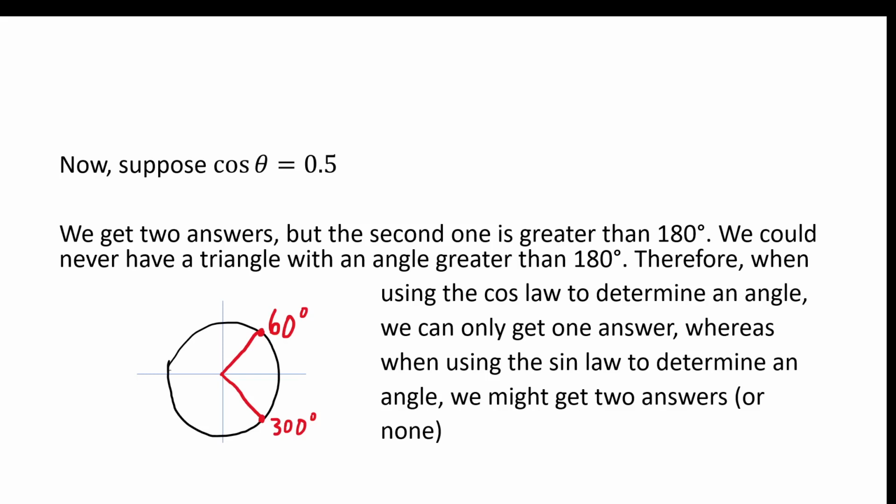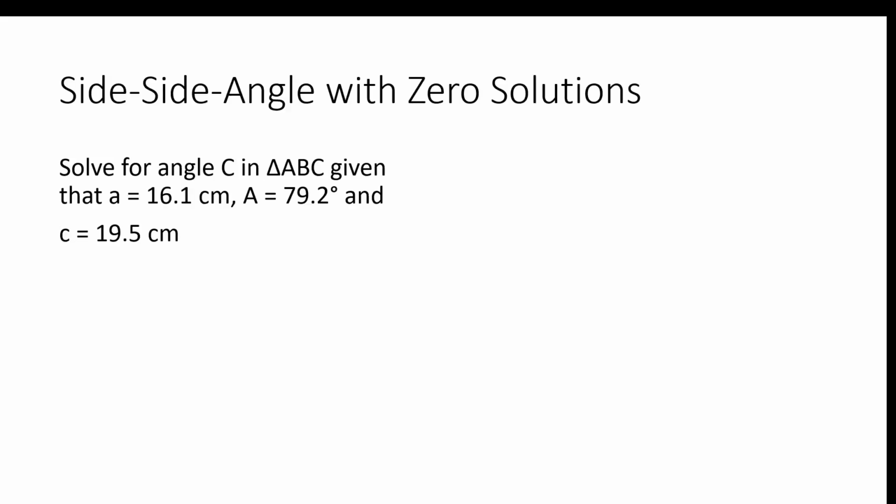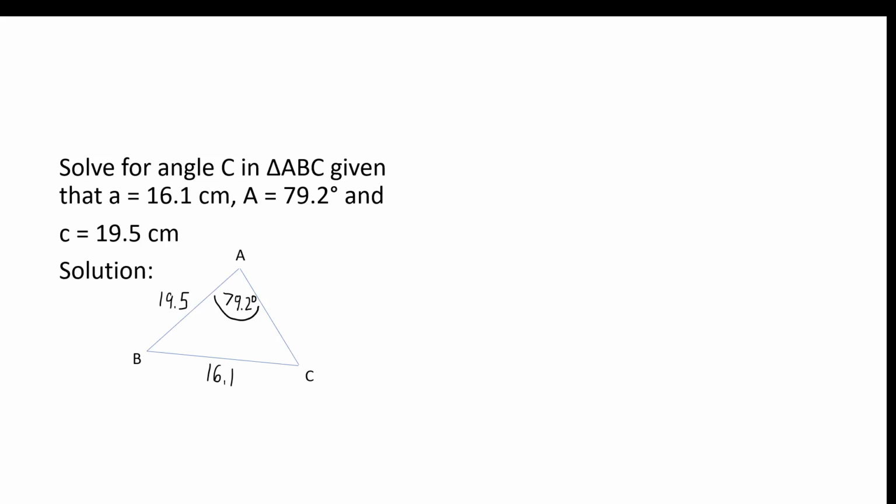And that's what is written on the screen in front of you right now. So let's say we have a side-side angle situation. We'll give you a scenario where that happens, and there are actually 0 solutions. Suppose we are given triangle ABC, and side length A is 16.1 centimeters, angle A is 79.2 degrees, and side length C is 19.5 centimeters.